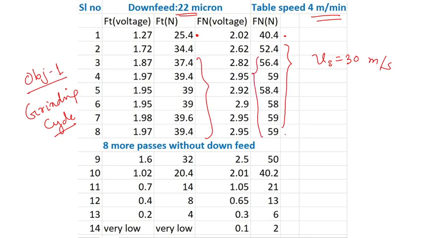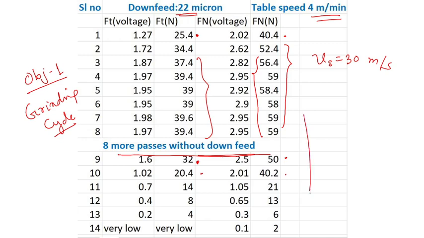After the 8th pass, you do not give any downfeed and it is not immediately 0. As you can see, it is as much as 32 when the stable value was around 39, and this was around 60, this is 50. Then it is gradually decreasing and a time will come where it is no longer measurable, particularly for tangential force, but for normal force it would be measurable.